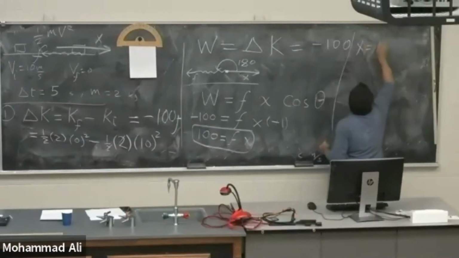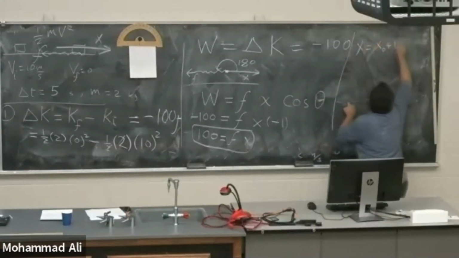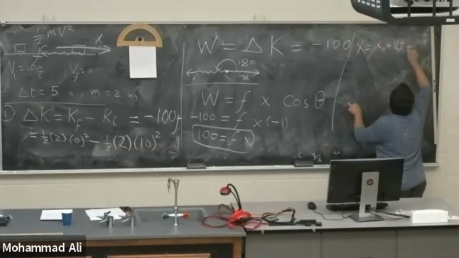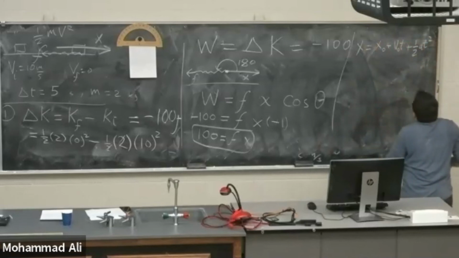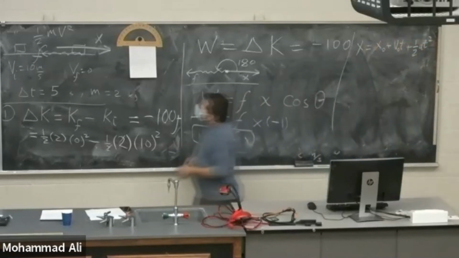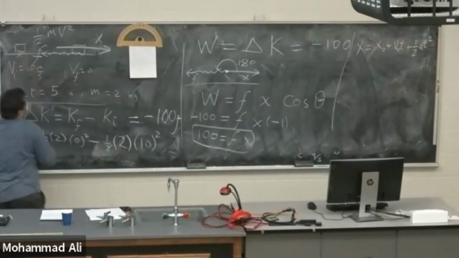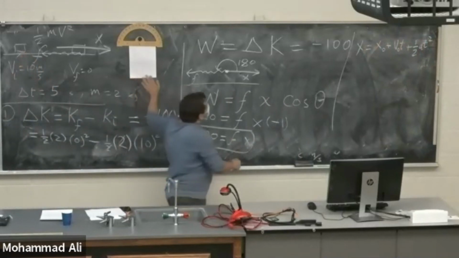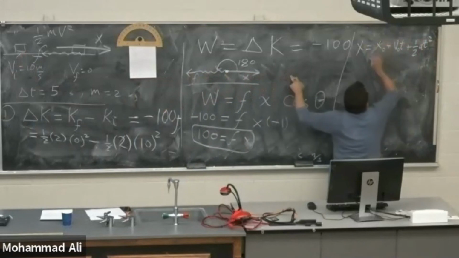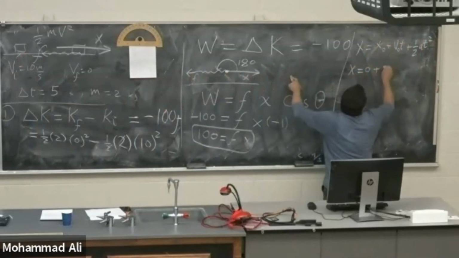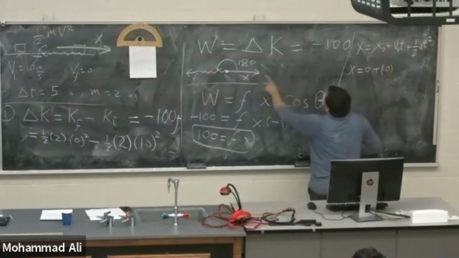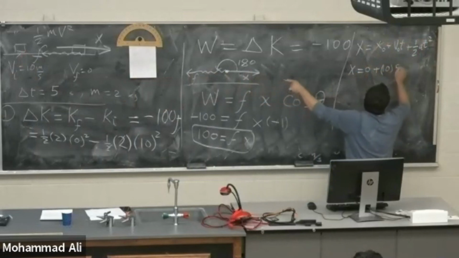X is equal to x naught plus v naught t plus half a t squared. If you assume that at this point x naught is equal to 0, then x is equal to 0 plus v naught, which is 10, times the time, which is 5, plus half.